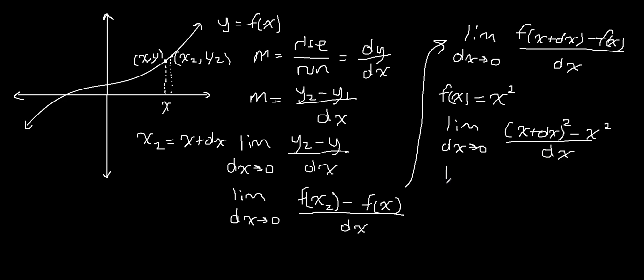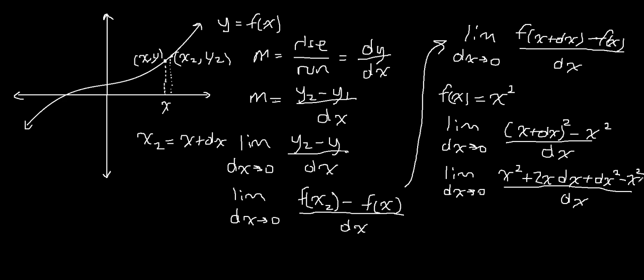So if you expand this out, you get limit as dx approaches 0 of x squared plus 2 times x times dx, oh sorry, missed a term, plus dx all squared, minus the original x squared, all over dx.